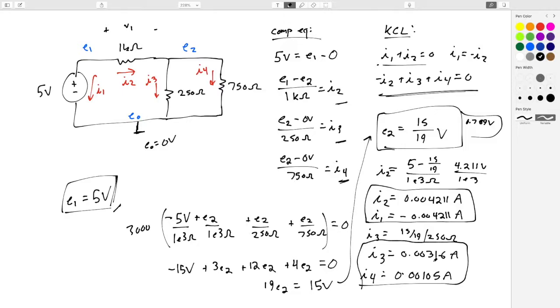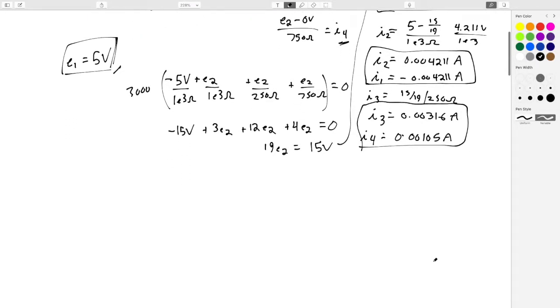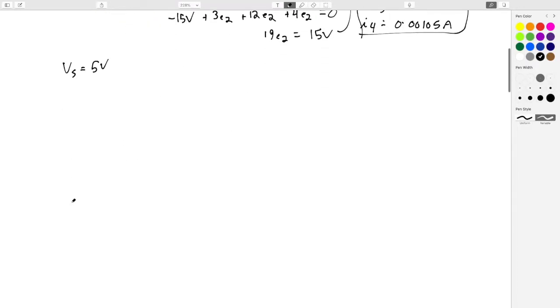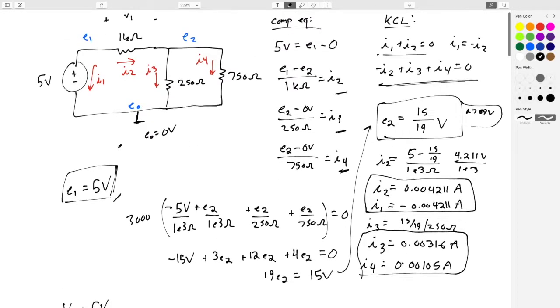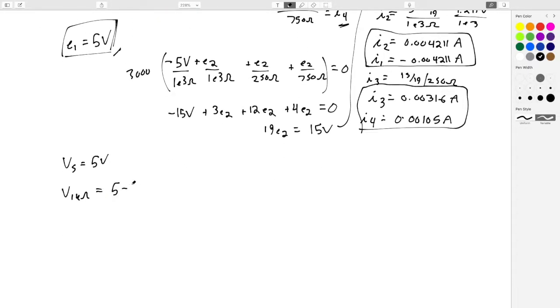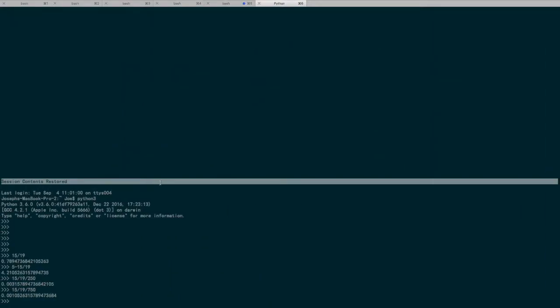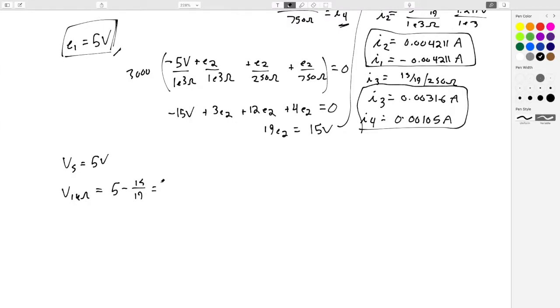Okay, now what are these numbers all saying about the whole circuit? Well, the voltage source has 5 volts across it. The voltage across the 1 kilo ohm resistor is E1 minus E2, or 5 volts minus 15 over 19, which is 4.211.